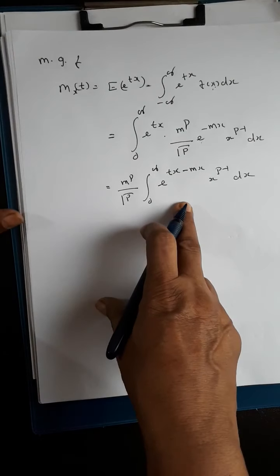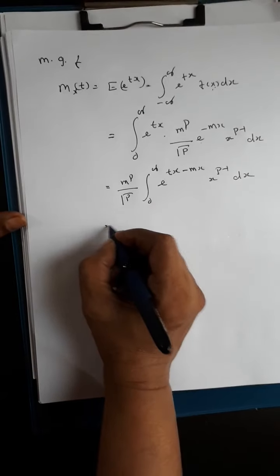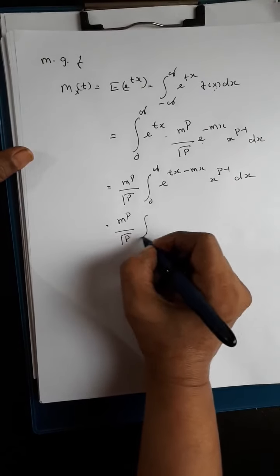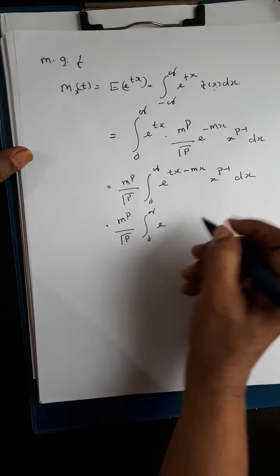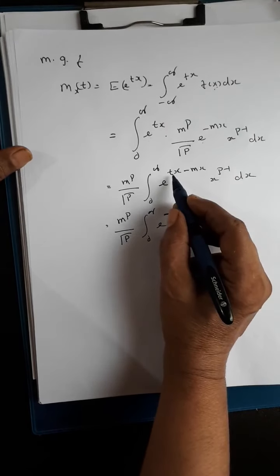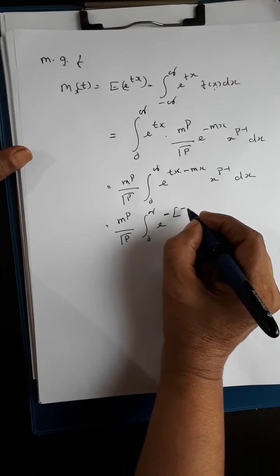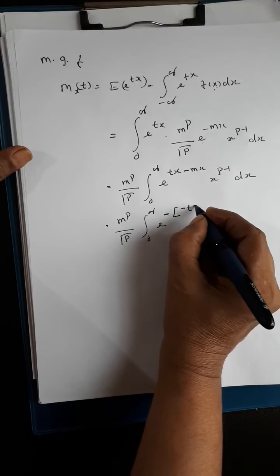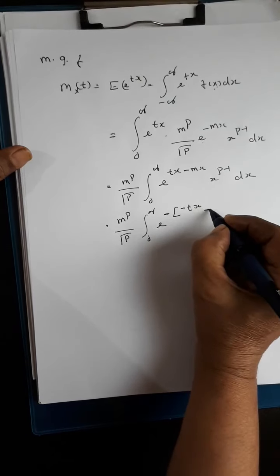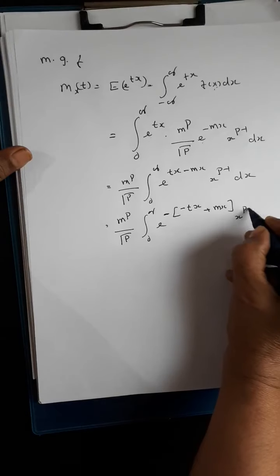For getting a convenient format, we are going to rewrite this as m raised to p divided by gamma p, integral 0 to infinity e raised to, take a minus sign outside, minus. When we are taking a minus, this one becomes minus tx and this one becomes plus mx, x raised to p minus 1 dx.